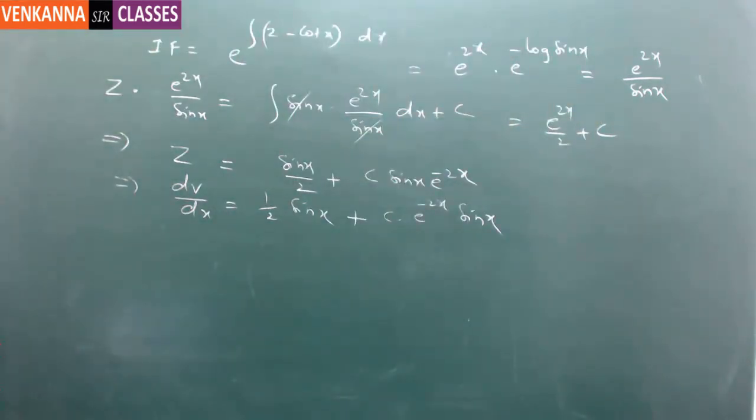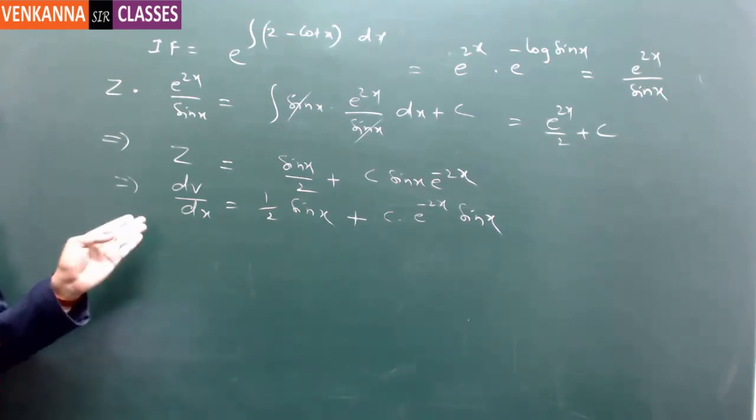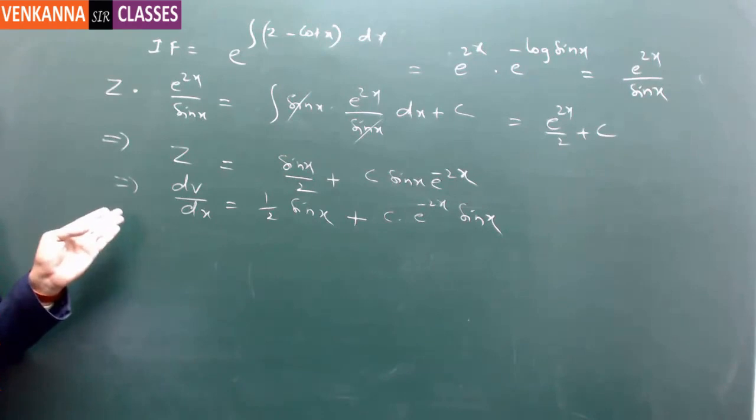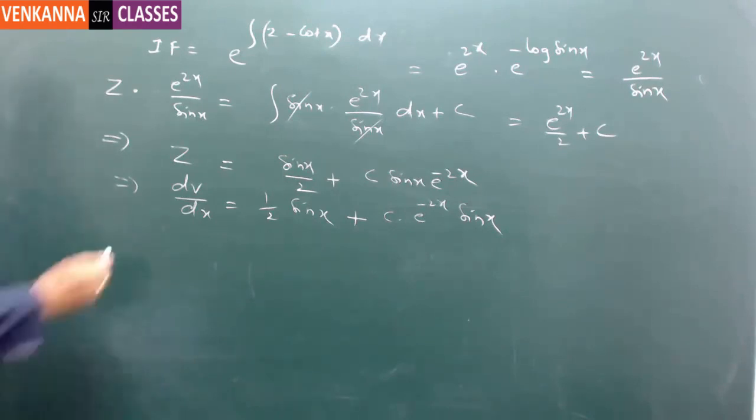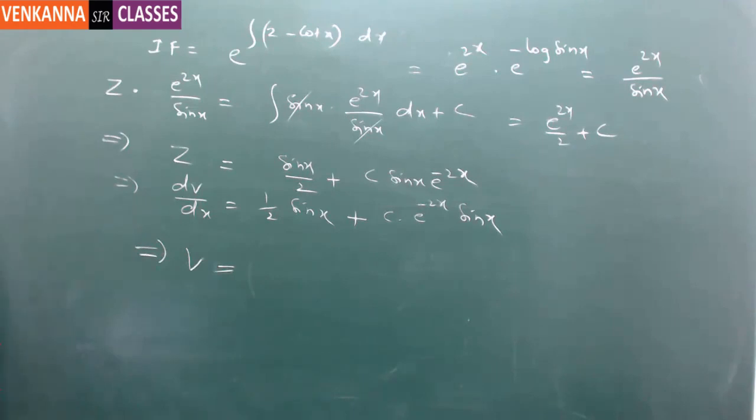So any queries you have up to this step? Making it variable separable and straight away doing integration, we will have the value of v. I will write the value of v straight away.